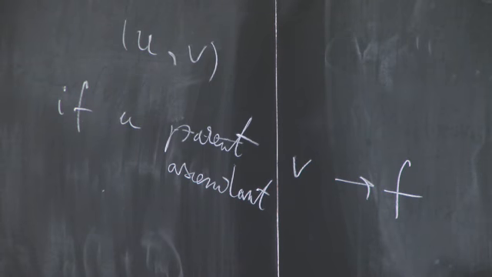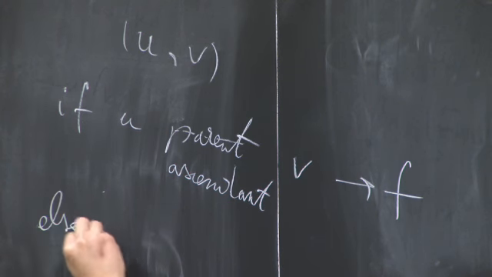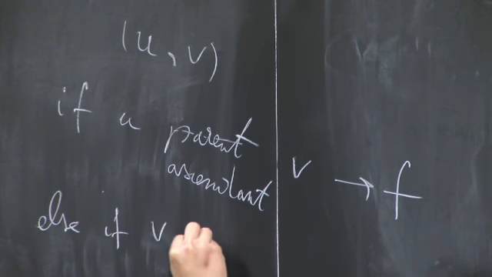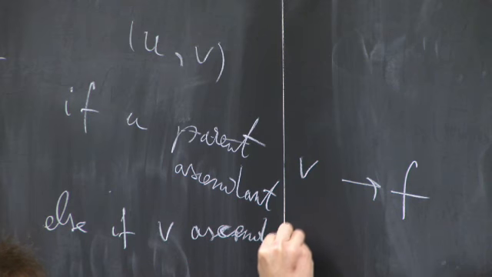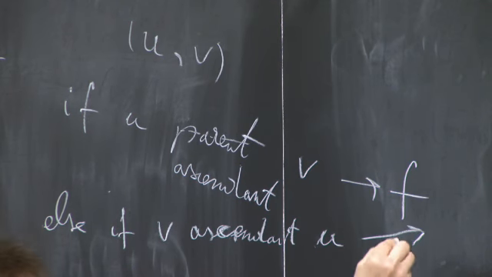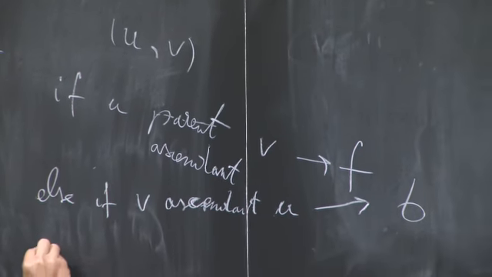Otherwise you check if V is the ancestor of U. Then backward edge. Else cross edge.